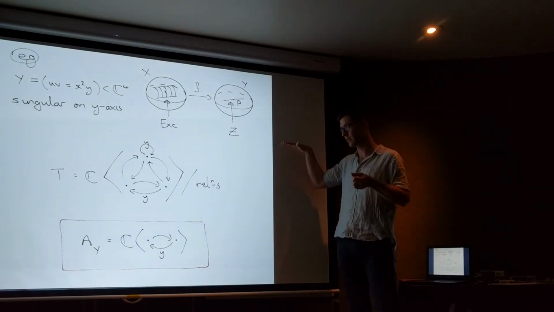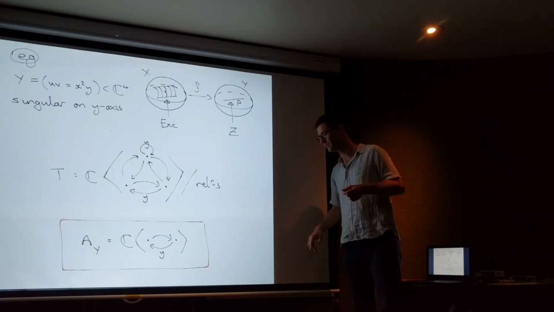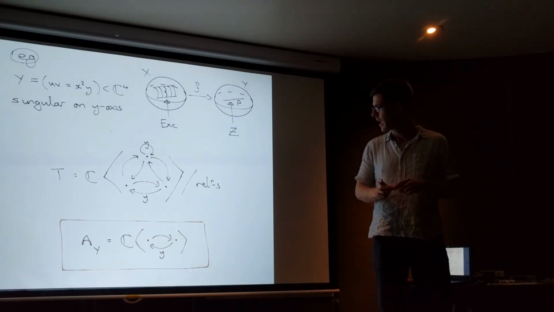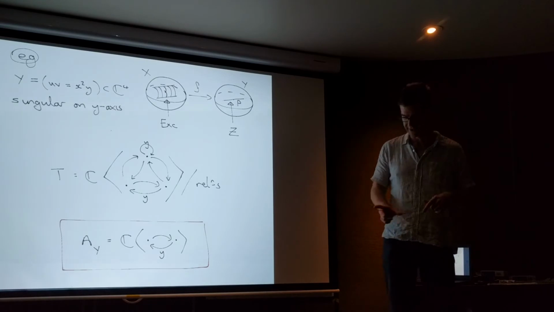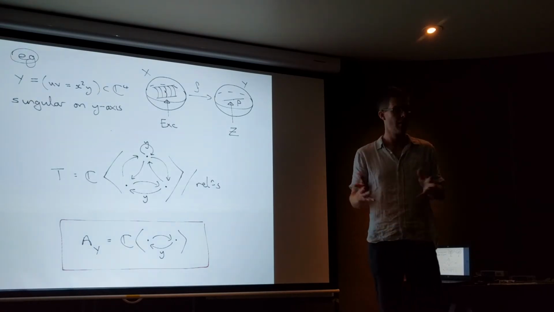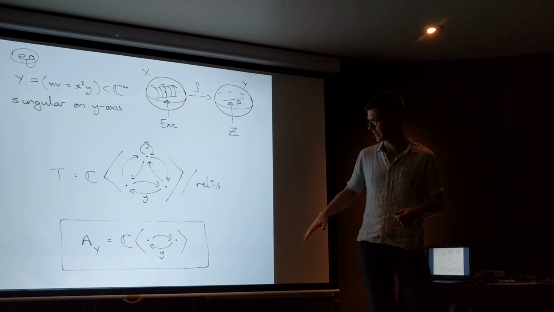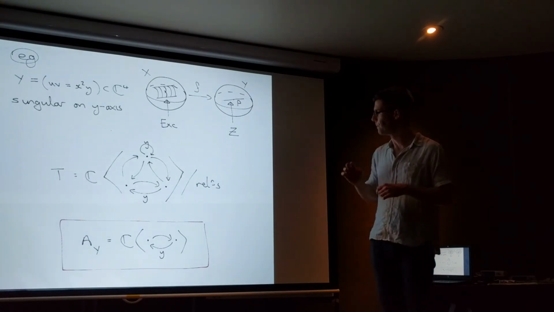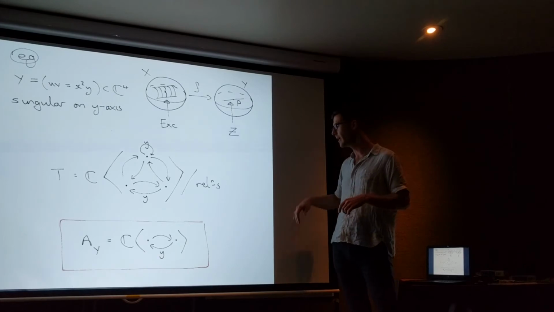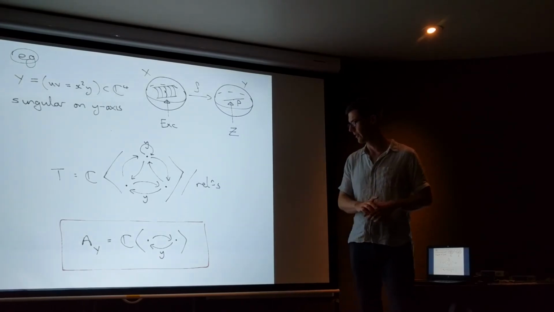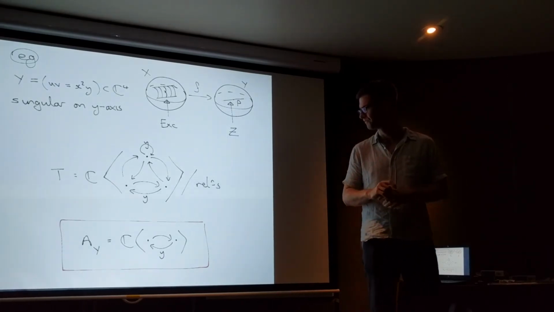So that's all I've done to go from T to A. I've killed the top vertex and I'm left with two arrows, no relations, one of them is y. So that's indicating the module structure of AY over the functions on the base Y.